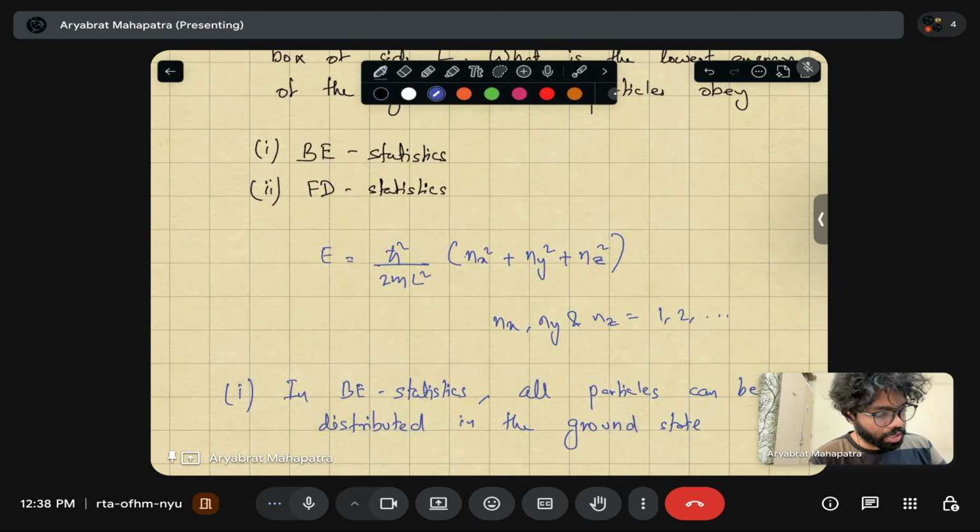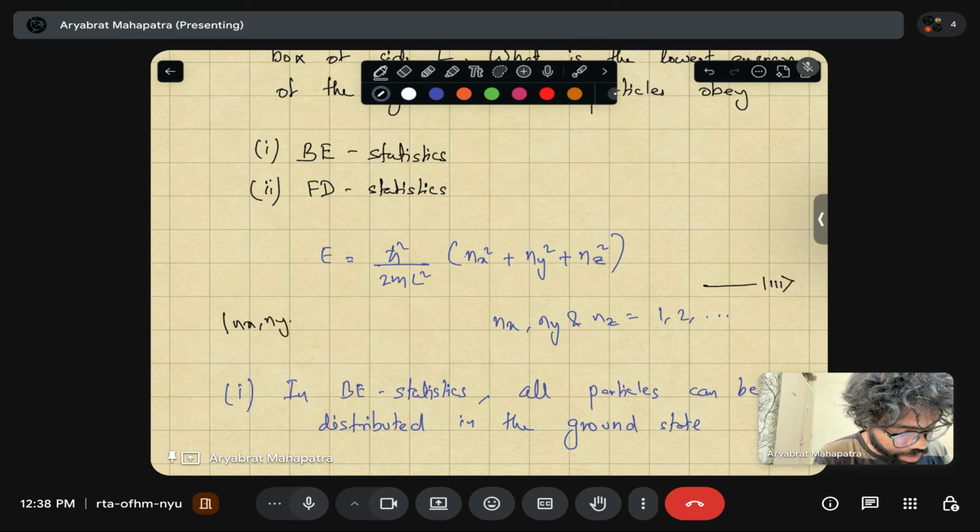I'm defining the quantum state as nx, ny, nz, so your wave function depends on nx, ny, nz and x, y, z.